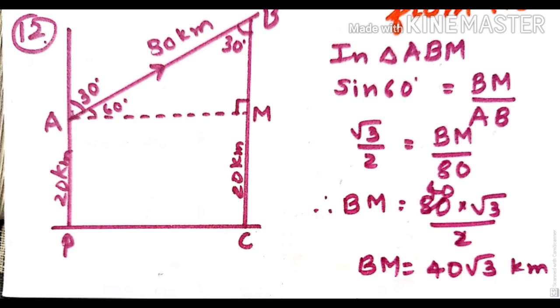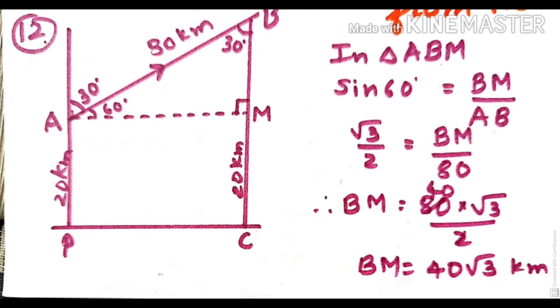Then in triangle ABM, one angle is 60 degrees and one is 90 degrees, so the third angle will be 30 degrees. So 30, 60, 90. A triangle ABM is formed, and AP is equal to CM as they are opposite sides of a rectangle.